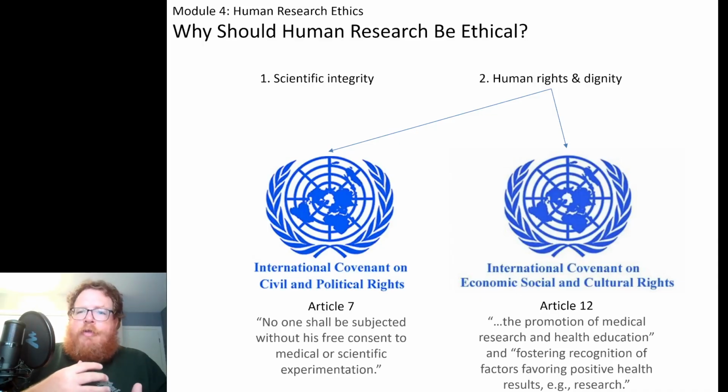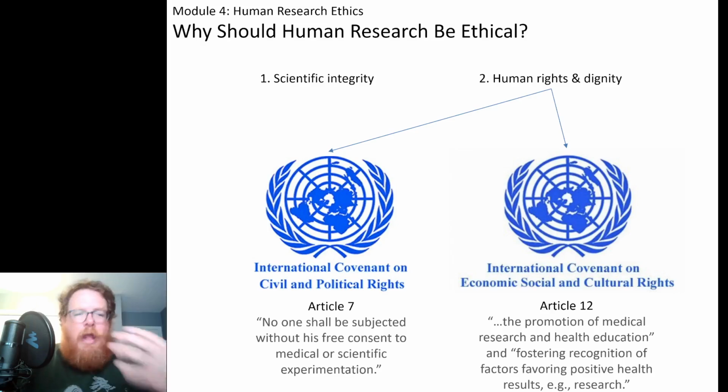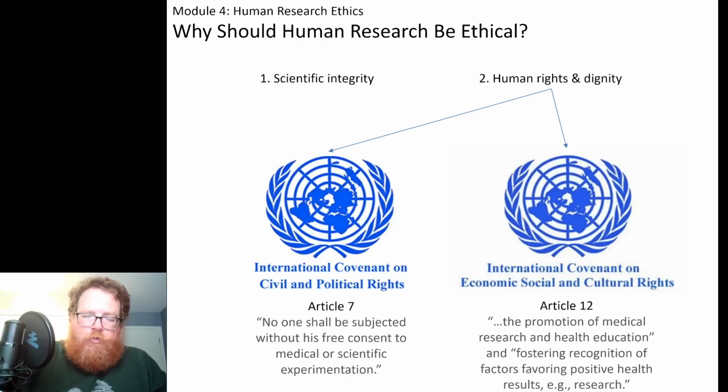How do we actually improve lifespans and health spans and all these things? But if we tip too far in favor of saying that research is super important and therefore we're going to force people into research studies, even if they don't want to be part of them, that's a problem too. So we need to maintain a good balance between these two sides of these two different international covenants.